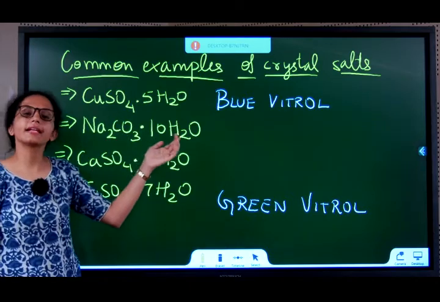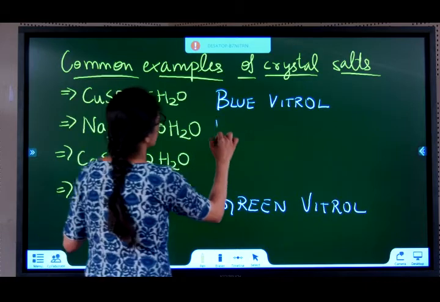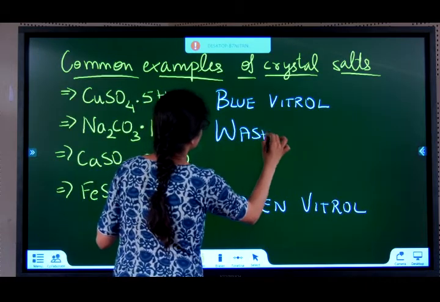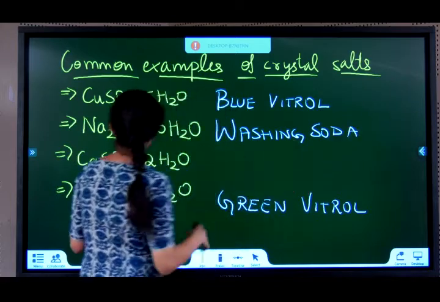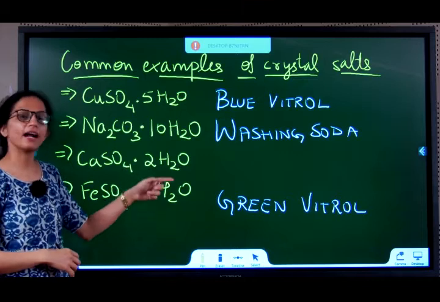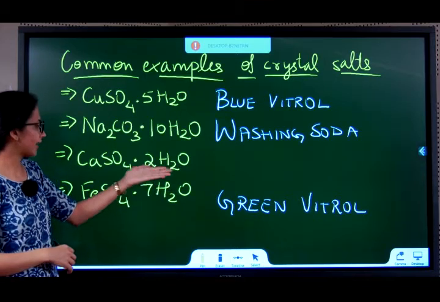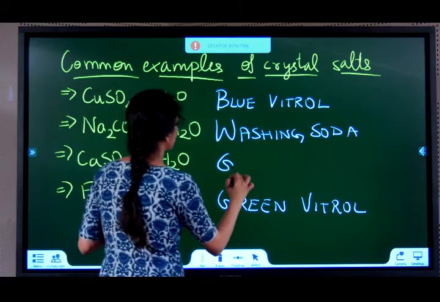Sodium carbonate decahydrate. We just learnt it. What is it called? Washing soda. Calcium sulfate dihydrate or hydrated calcium sulfate. This is referred to as gypsum.